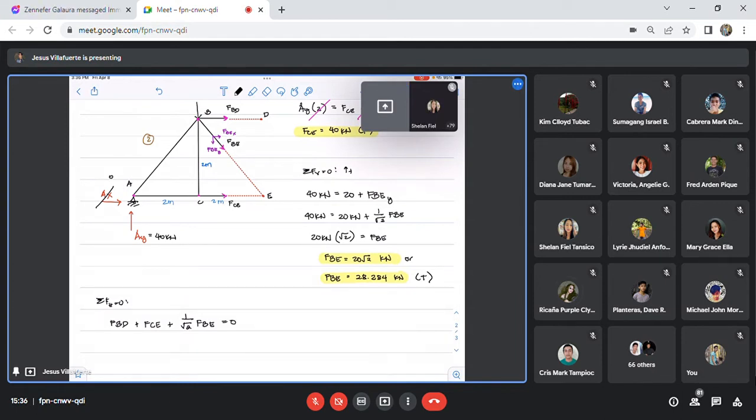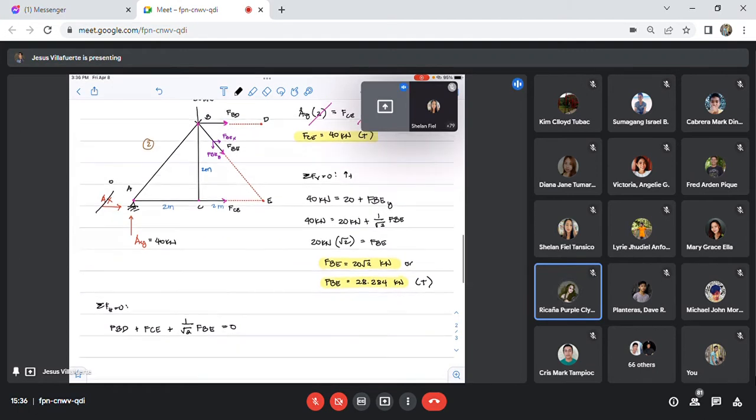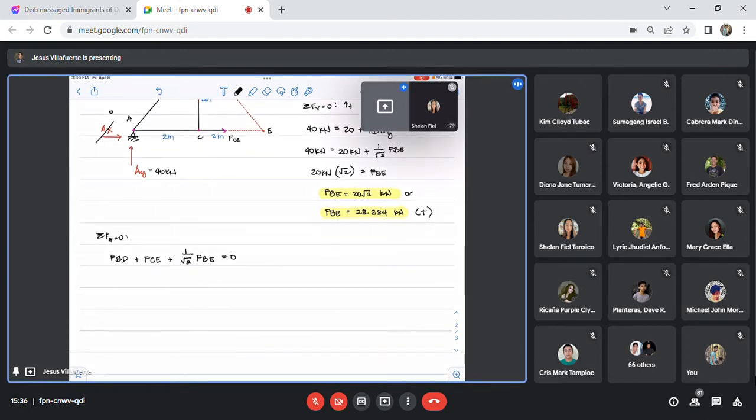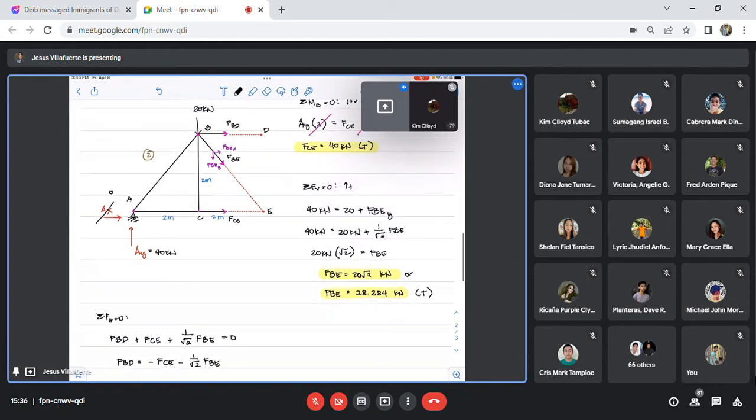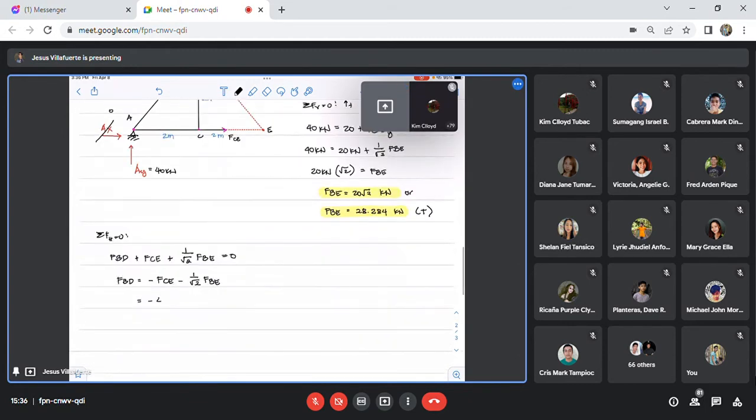Right? We have FBD is equal to FCE minus 1 over the square root of 2 FBE. So what is FCE? Have we calculated? That's negative 40 minus 1 over the square root of 2, and FBE is 20 the square root of 2.